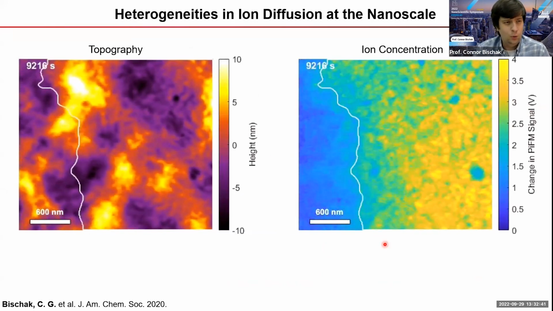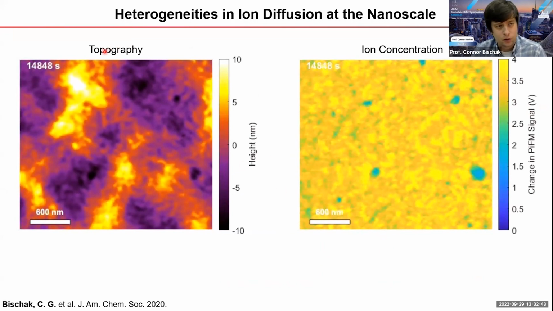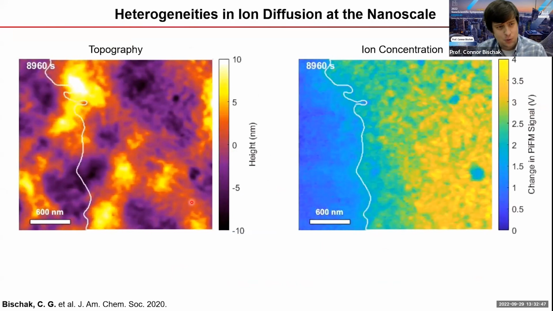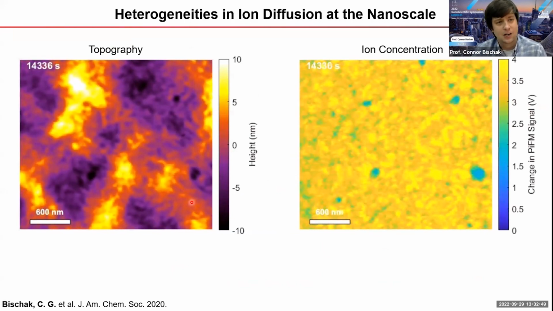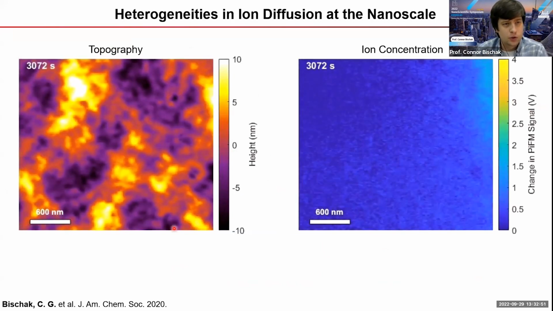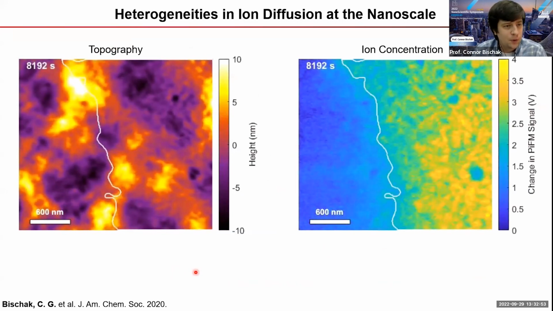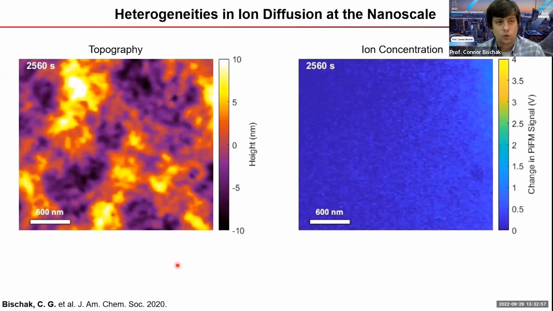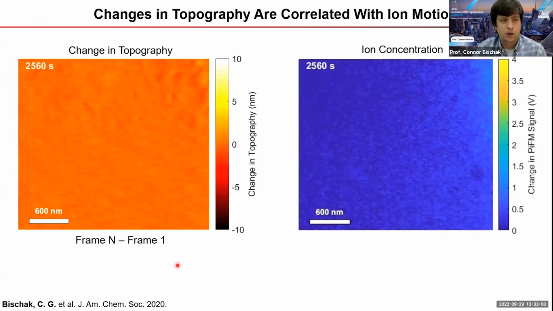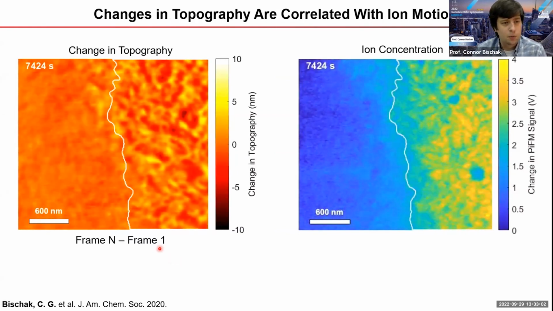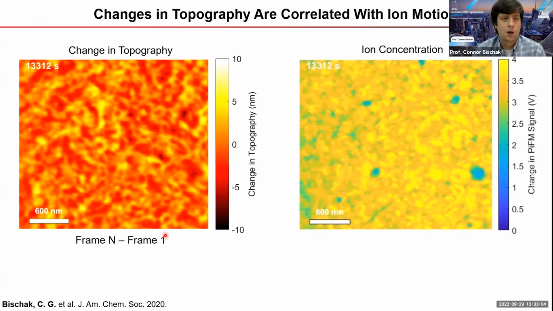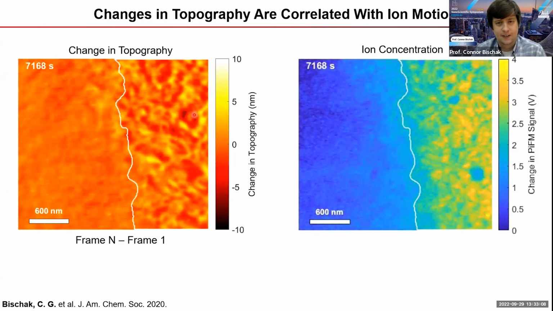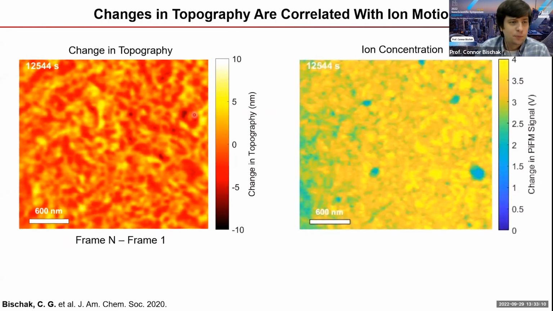And if you look really closely in the topography image, you'll see that it becomes a bit more wrinkled as this ion wave flows through our material. It's hard to see here, but if we switch to looking at the change in topography, basically taking whatever frame we're on and subtracting the first frame, we can see this wrinkling effect as the ions move through our material.